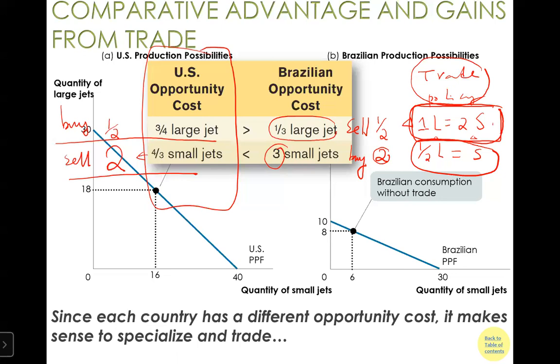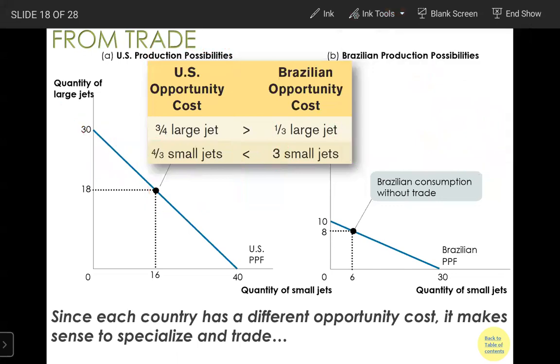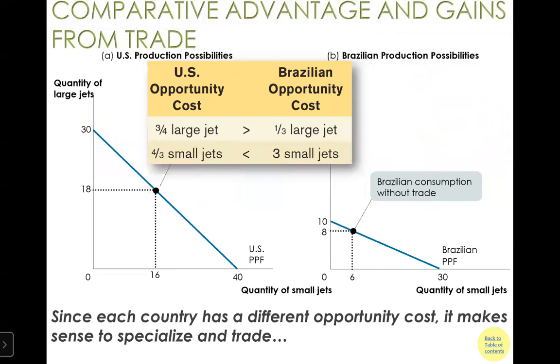Right? But actually, let me erase everything. Let's just write one larger jet equal to two small jet. Or in other words, one small jet equal to one half larger jet.